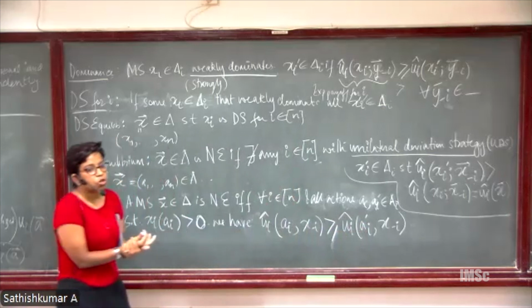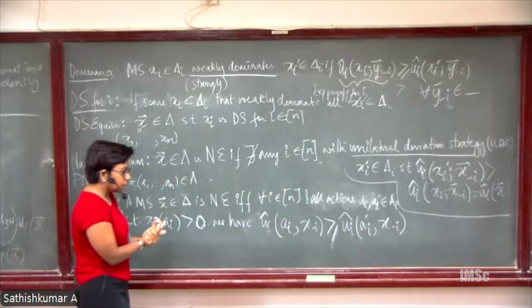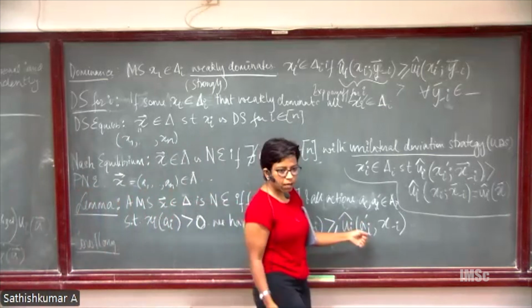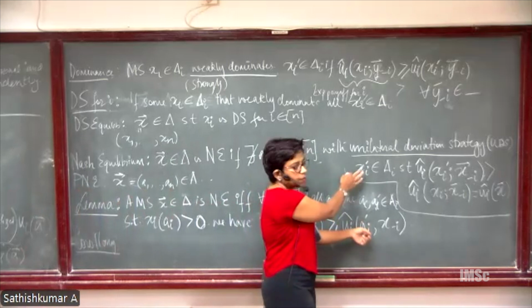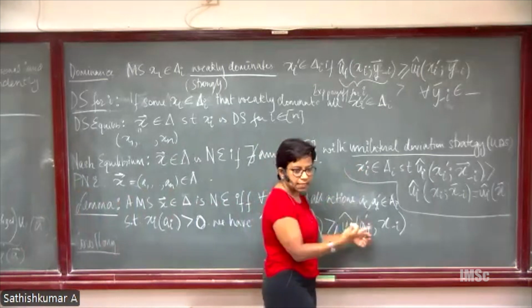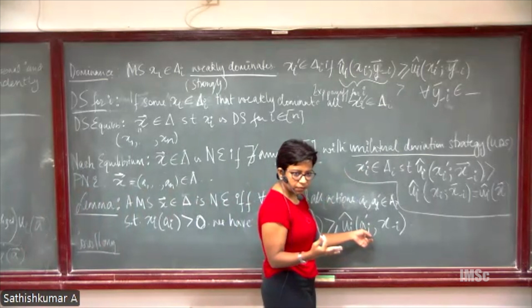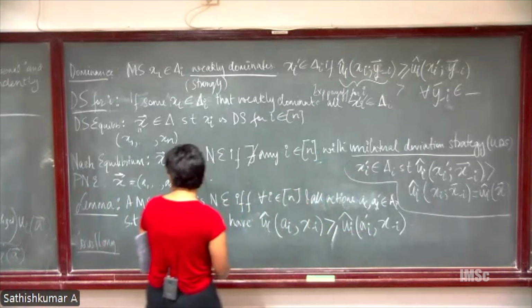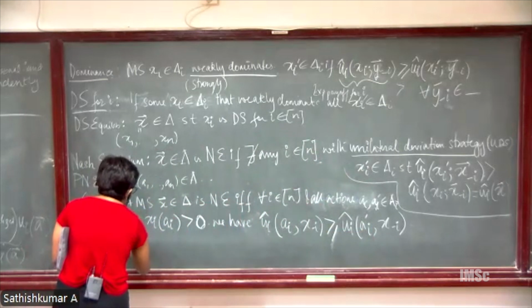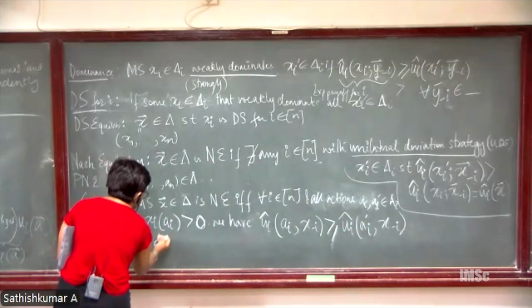So what would that a_i prime be? It satisfies this condition that it's a deviating action that gives him a strictly better payoff. Correct?